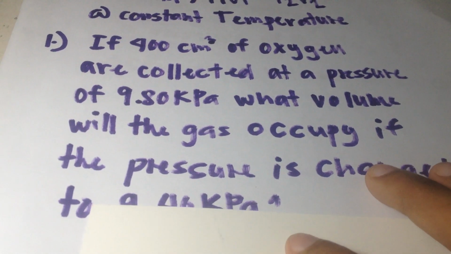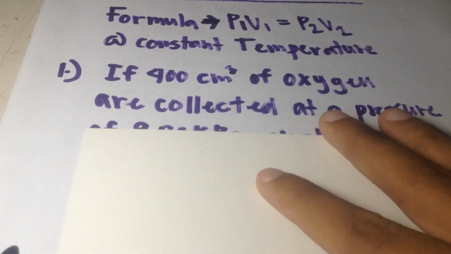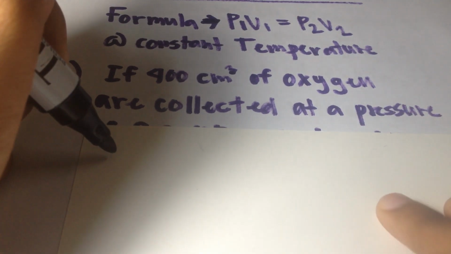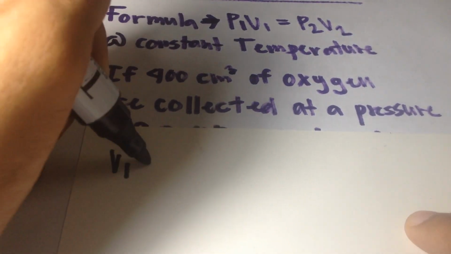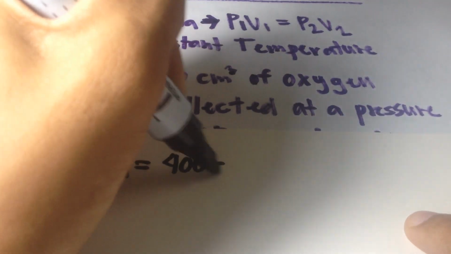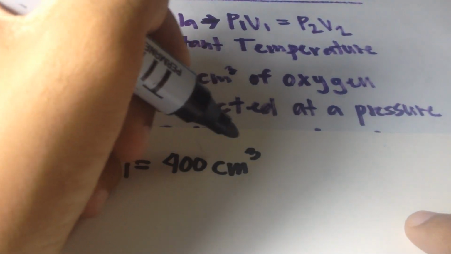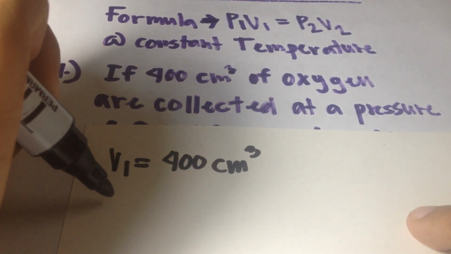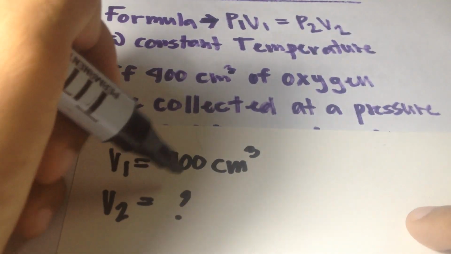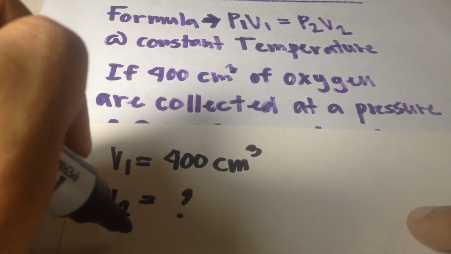So let's begin. We have volume 1 equals 400 cubic centimeters, and volume 2 is unknown, so that's what we need to solve.